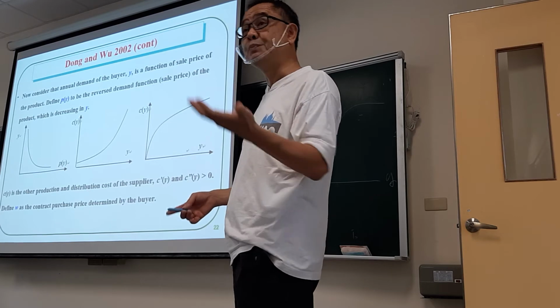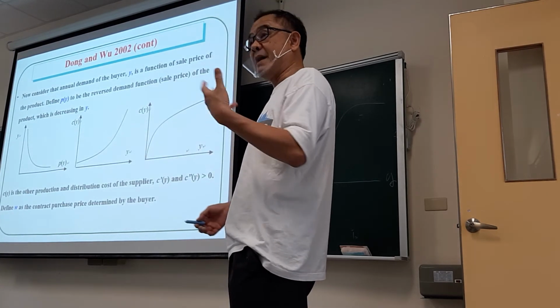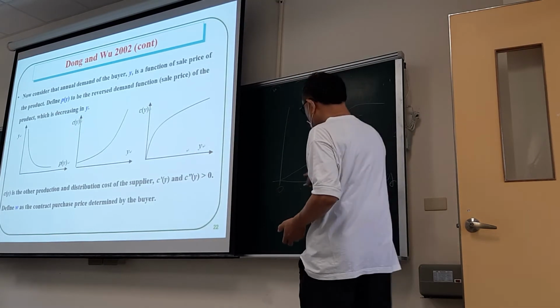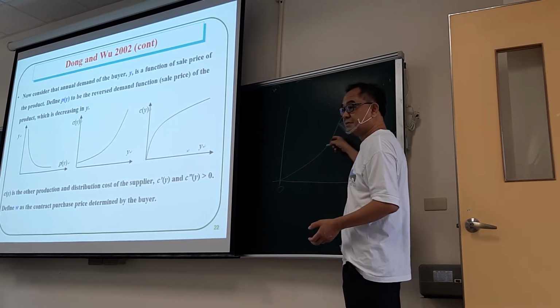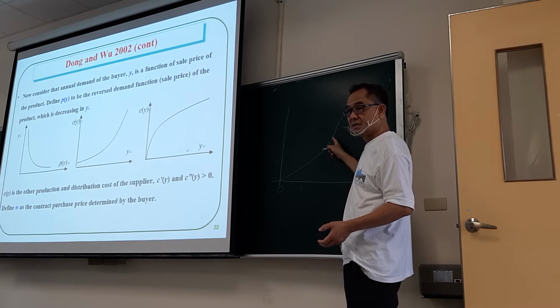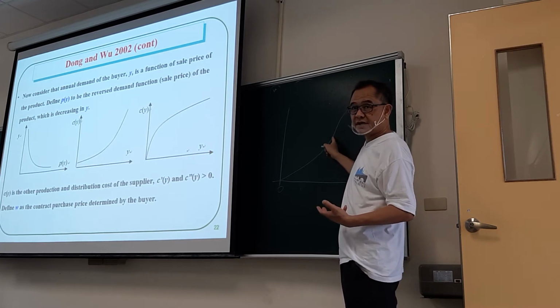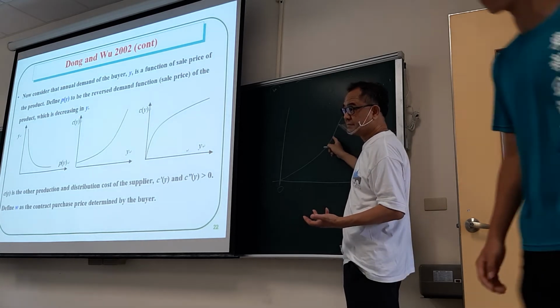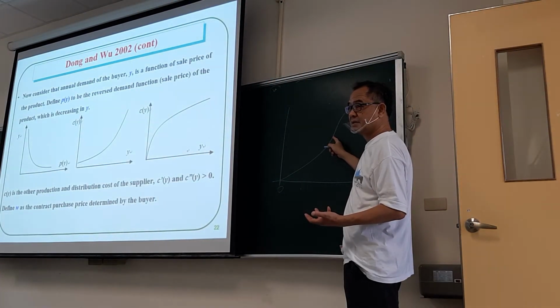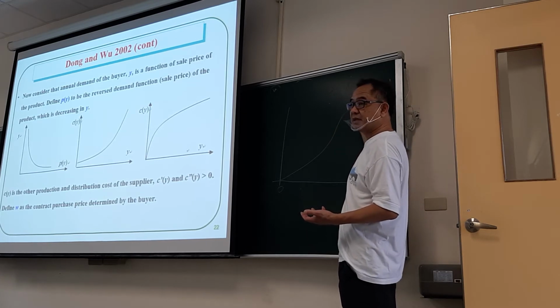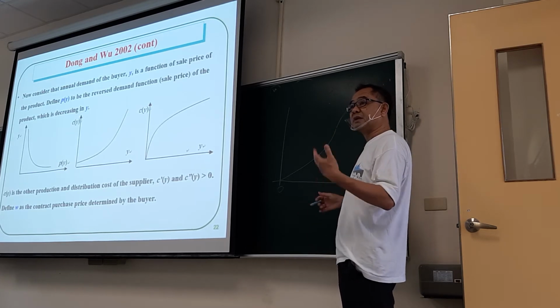So, for example, a new product released by the buyer, right? For the very beginning, the manufacturing cost is increasing because of the lack of experience. Then after some time, we will get the benefit of the learning process.